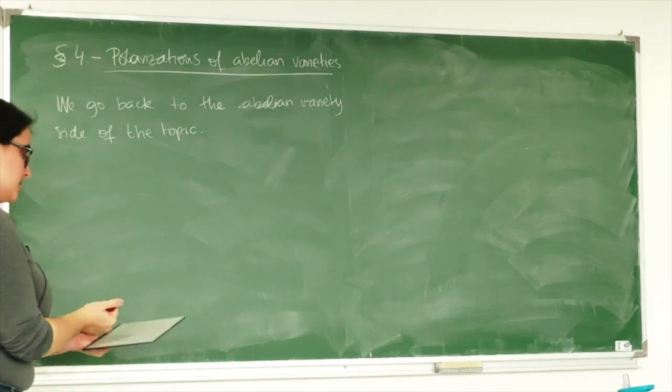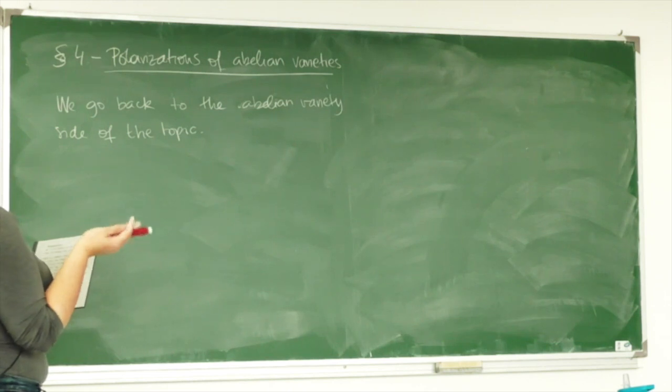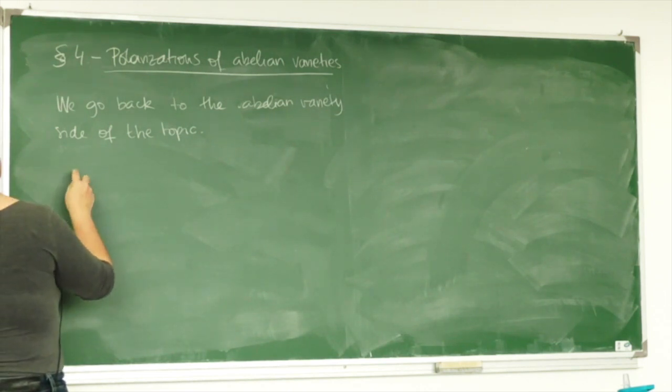Okay, so now we define some more objects related to the Abelian variety.